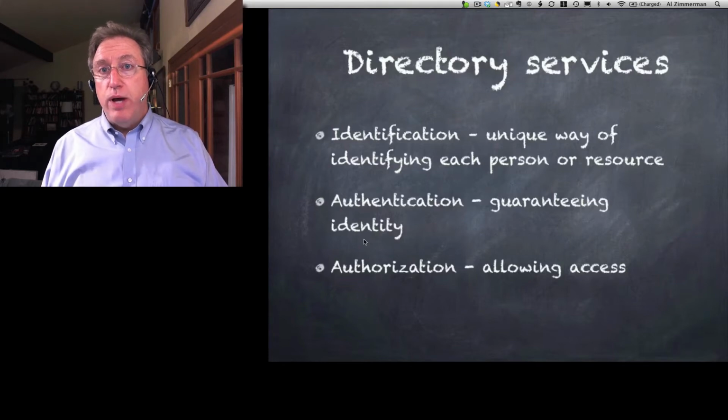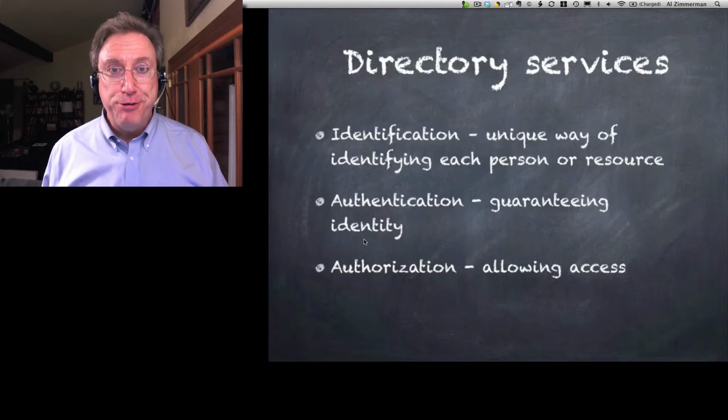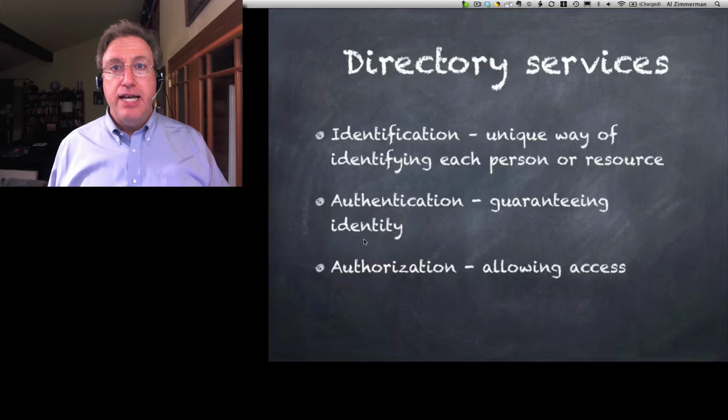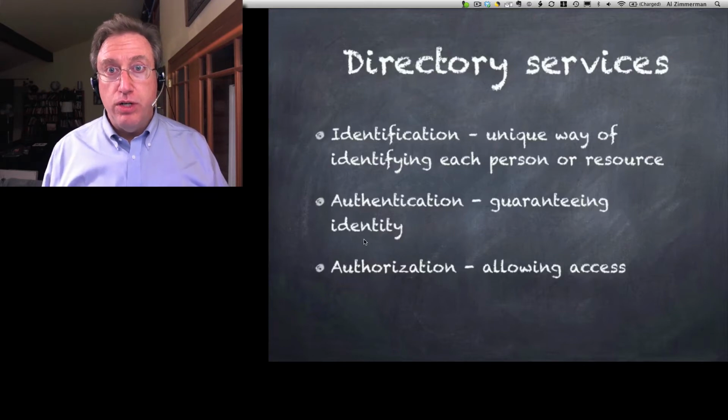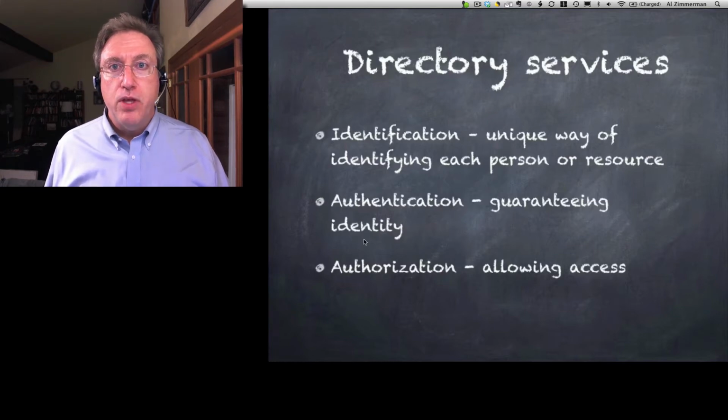Authentication is the way the network guarantees that you are telling the truth about your identity. The simplest way to do this is with a password. You provide a second word that presumably only you know and is difficult to guess. It can get more complicated than this.